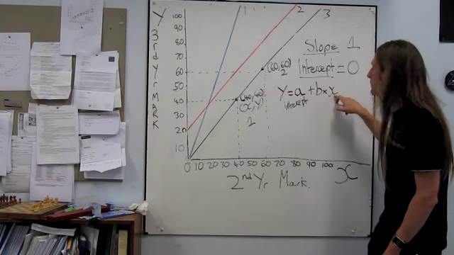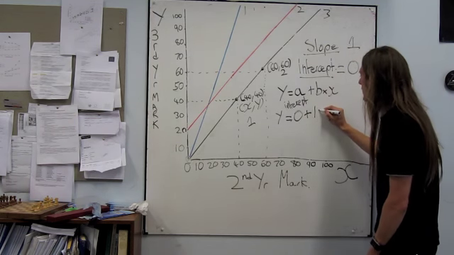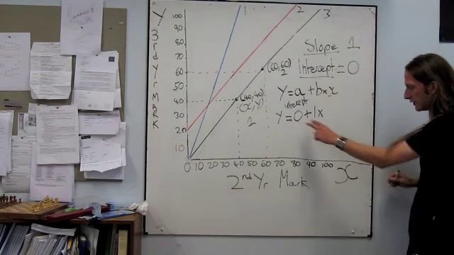So if we just do an example here, you can see how it works. If we use this formula, and we plug in the numbers we've got here for our function 3, our black line, then we can work it out. We want to know what y is going to be equal to. We know our intercept is 0, so let's replace a by 0, plus b, which is our slope, which is 1, times, well, let's pick a value off here.